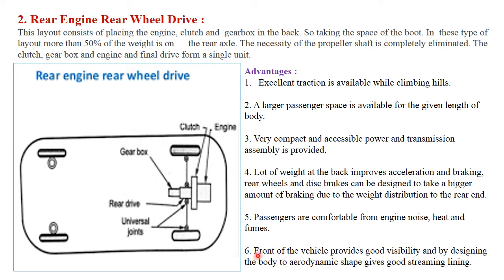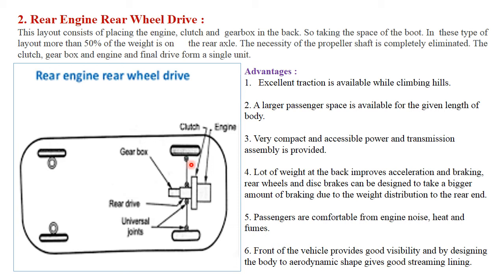Then next, the rear engine rear wheel drive. In this layout, the engine is mounted at the rear. A rear mounted engine, clutch and gearbox unit drives the beam type rear axle supported on leaf springs.